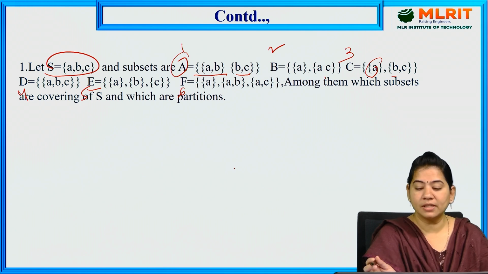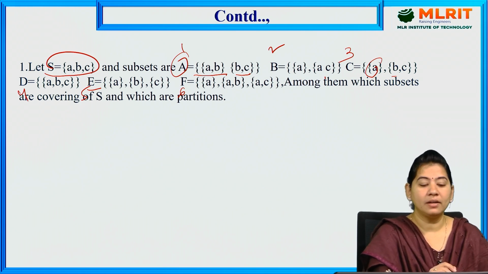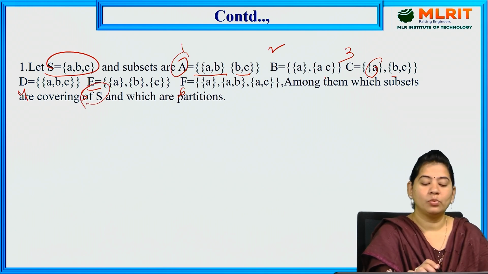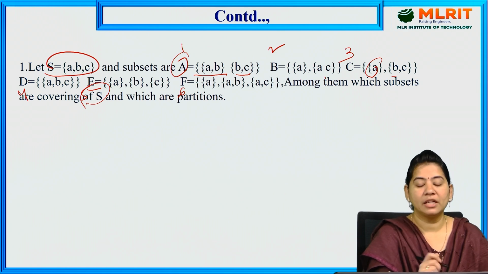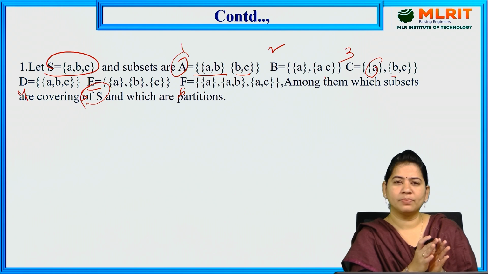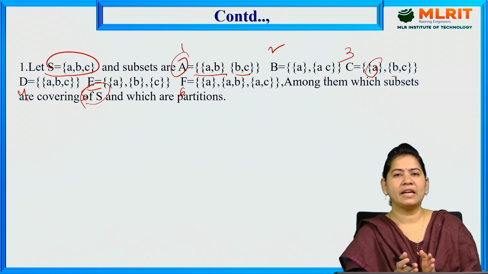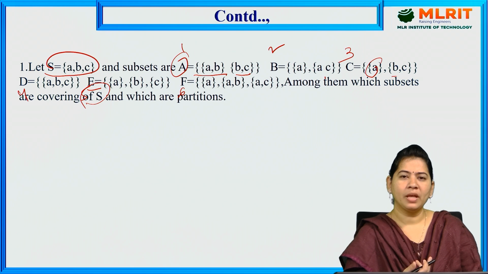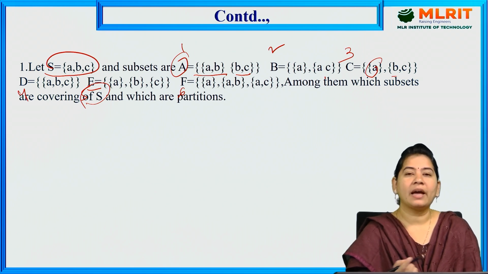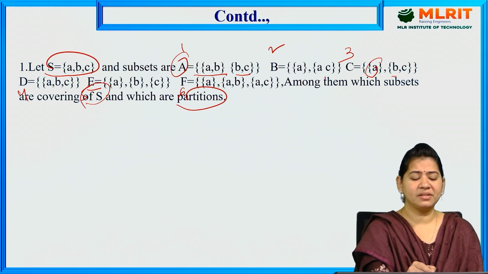So these are all the given subsets. Now from this, which subsets are covering of S, and which subsets are partitions? Now let us check. If particular two subsets or three subsets satisfy the first condition and the second condition, it can be either a partition set or a covering.